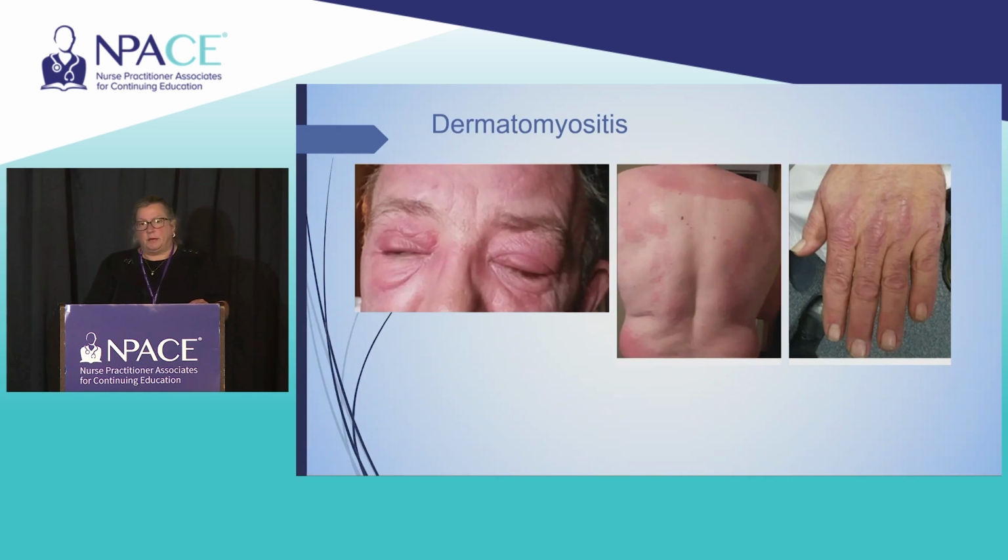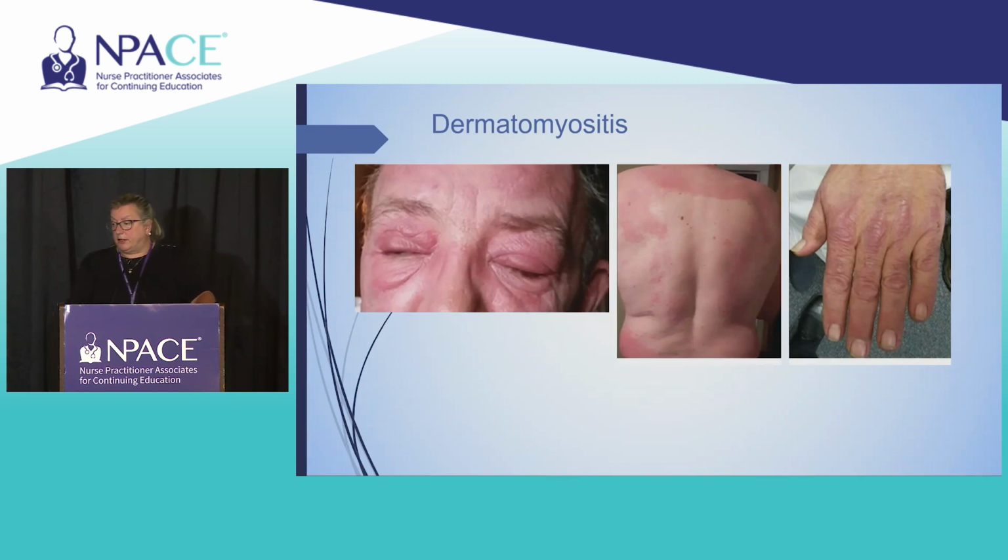Another condition is dermatomyositis. Dermatomyositis is rare, but it's important to catch early. It's another one of these diseases where it's important for us to put different signs and symptoms together in order to narrow down the diagnosis.